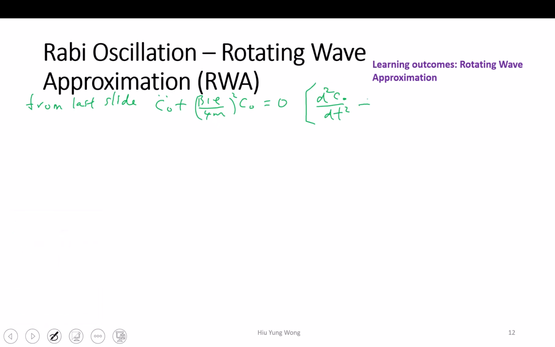This is just a second order differential equation.